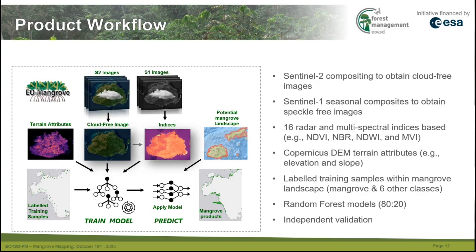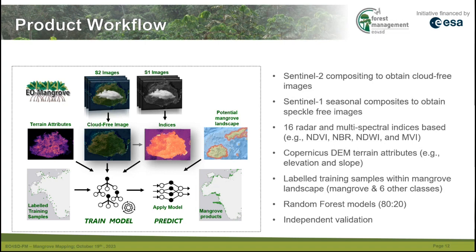This is a visual overview of the workflow. So the primary input is Sentinel-2 and Sentinel-1 images. We have to address the cloud cover in Sentinel-2 images through compositing to create a cloud-free composite. We can bring in terrain attributes, slope for example, using the Copernicus digital elevation model.